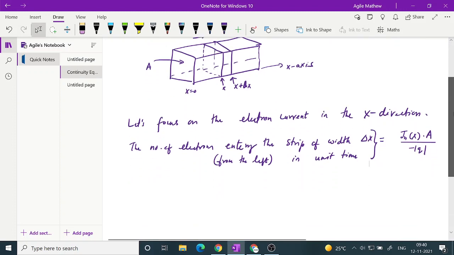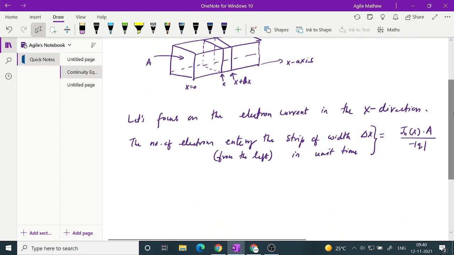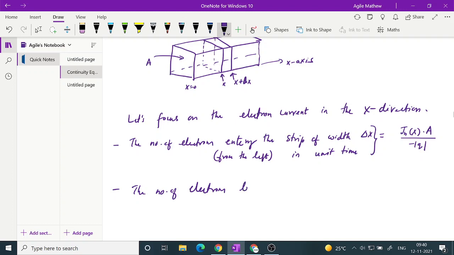Let's also look at what happens on the other side, that is at x plus delta x. So the number of electrons leaving the strip of width delta x per unit time.